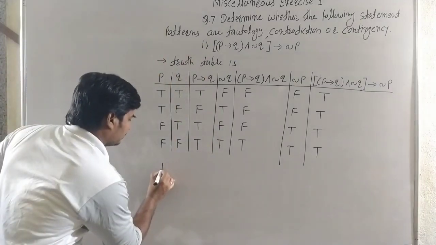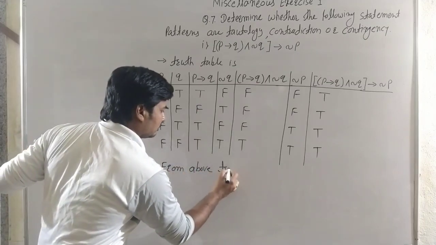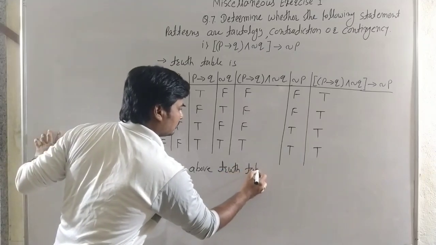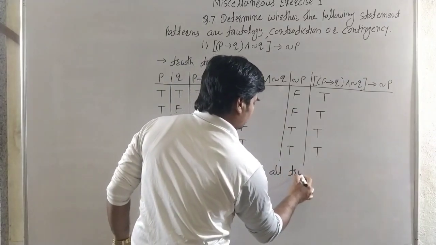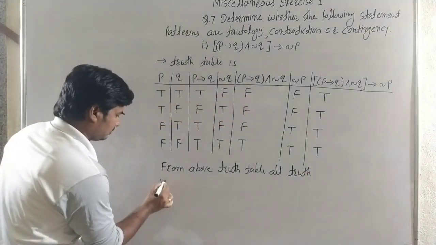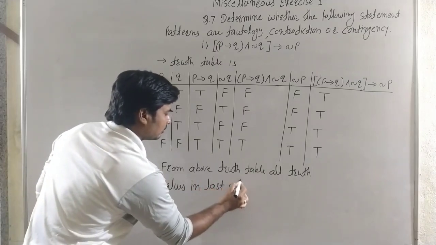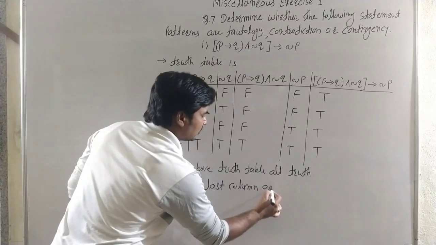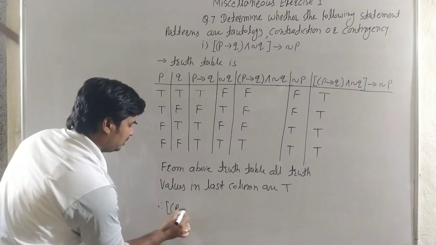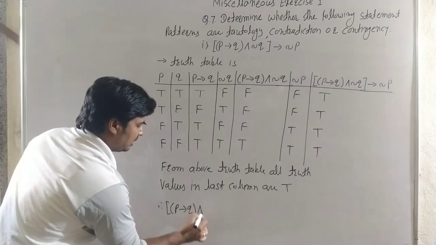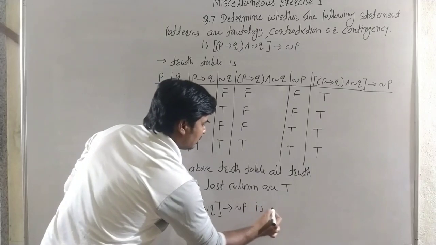Okay, from the above truth table, all truth values in the last column are true, and therefore the given statement, P implies Q and negation Q implies negation P, is a tautology.